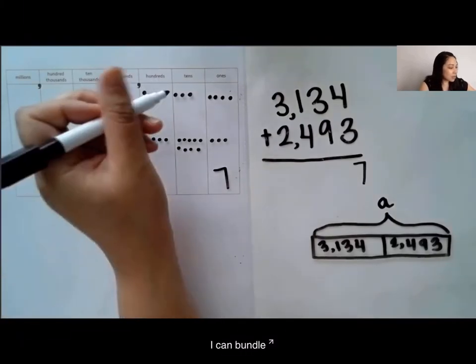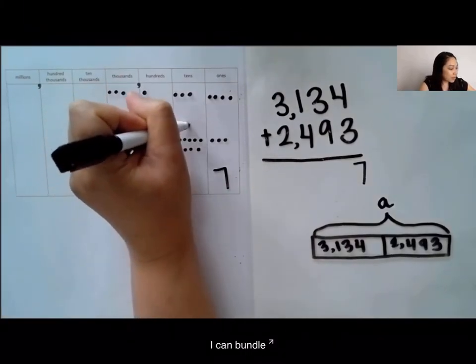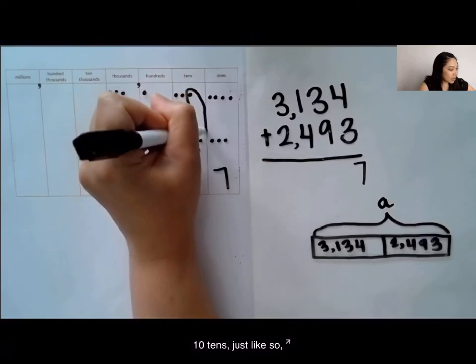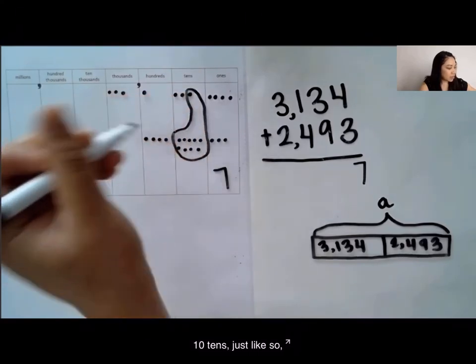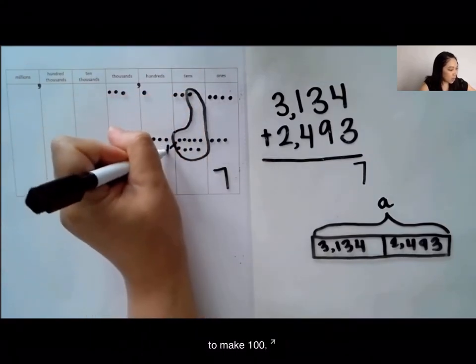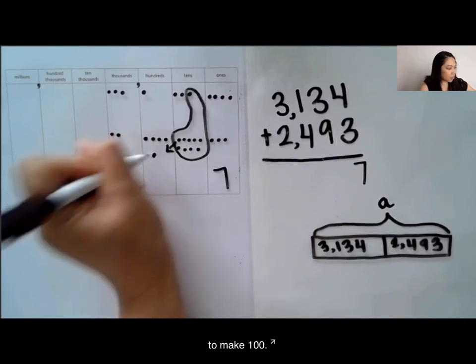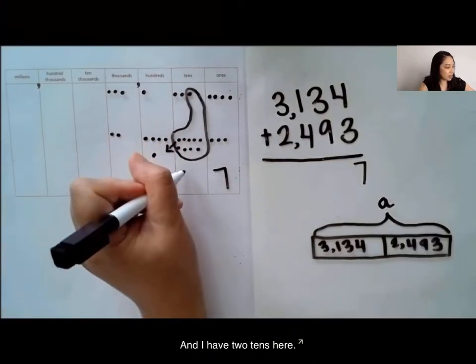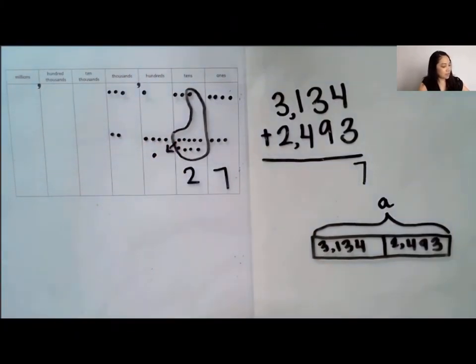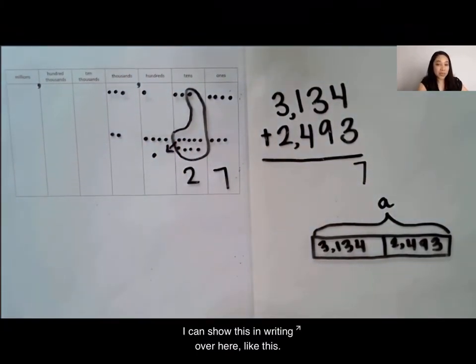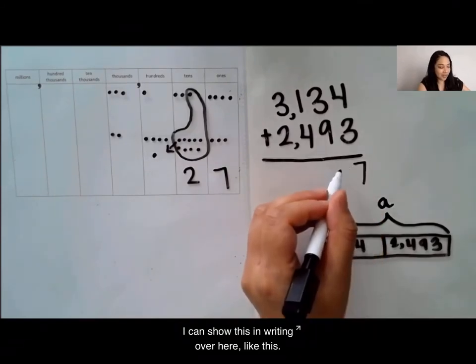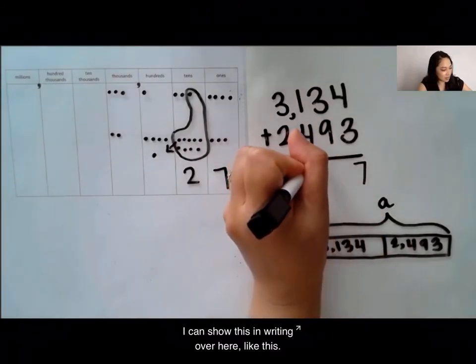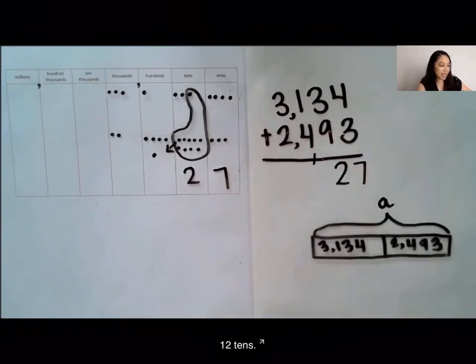I can bundle 10 tens, just like so, to make 100. And I have 2 tens here. I can show this in writing over here, like this. 12 tens.